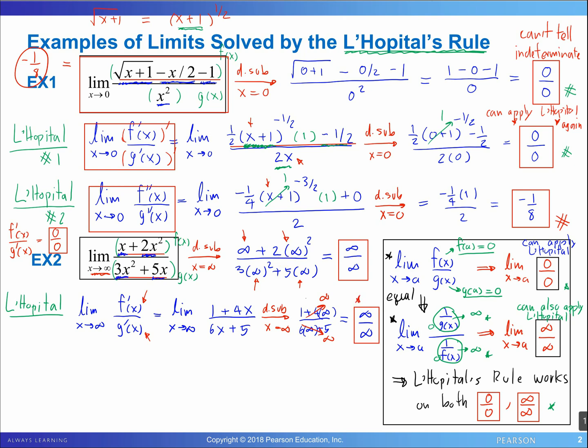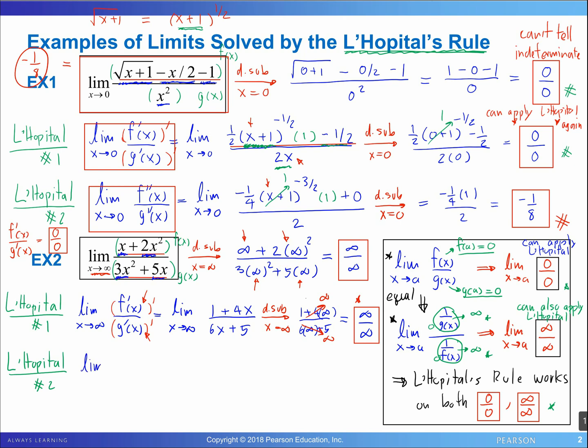As you can see here, we have infinity divided by infinity again, which means that we can apply L'Hopital's rule again. So the second time, L'Hopital. Number 2 again. And this one is number 1. Just like what we did in example number 1, we need to diff f prime right here. And also g prime.